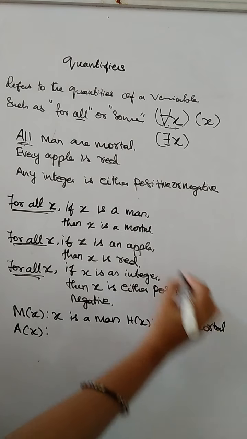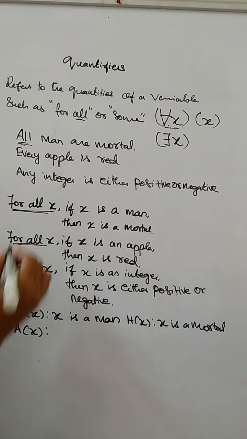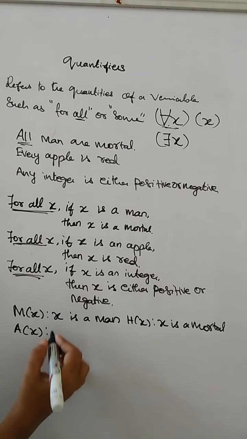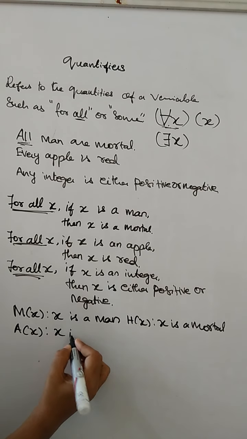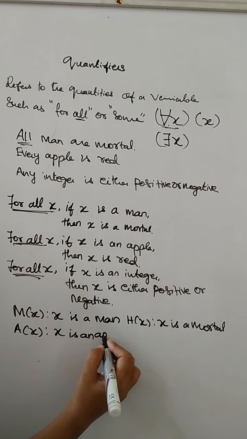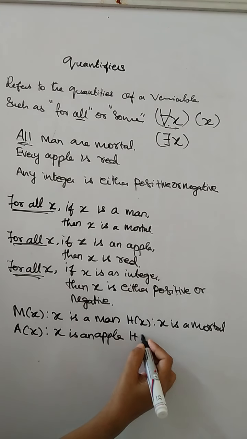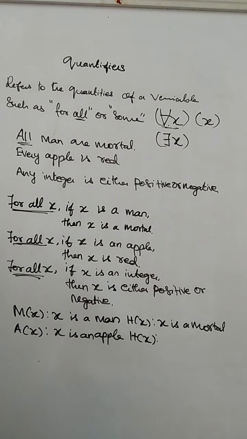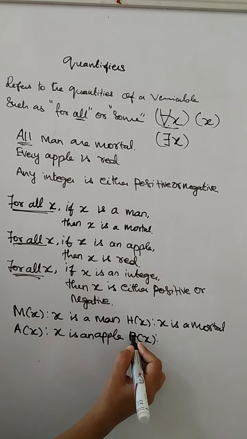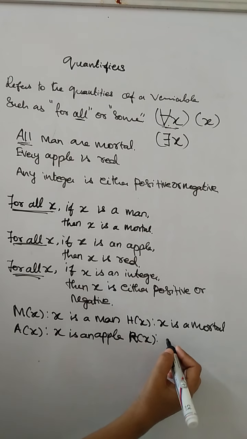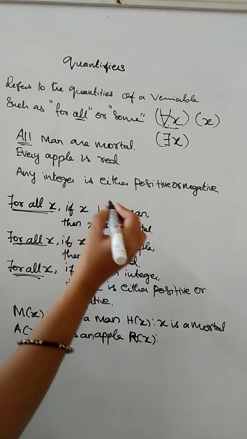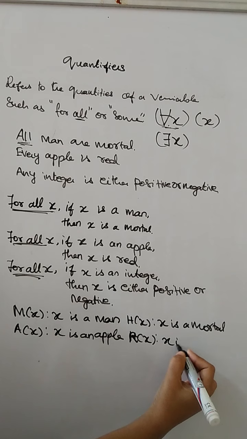First I am writing it for the first one. Next, for the second, I am writing A of x as x is an apple, and I am naming the other one R of x, x is red.